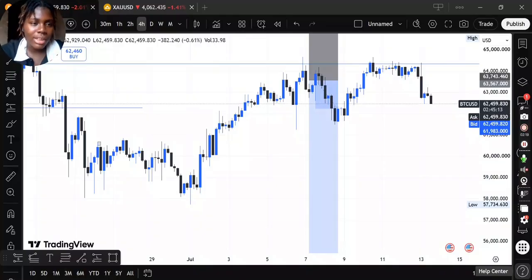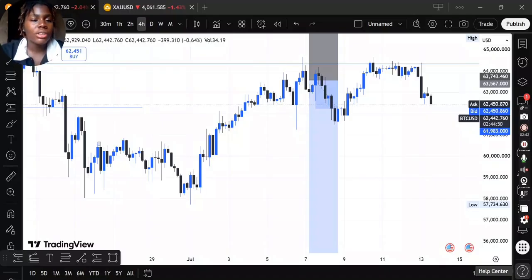It's that simple to understand that once the buyers are creating higher highs and defending the higher lows, which means there's no breakout to counter trend, the buyers remain in control. Same goes for the sellers. So control matters more than prediction. You need to understand those things rather than just sitting and trying to predict the market.